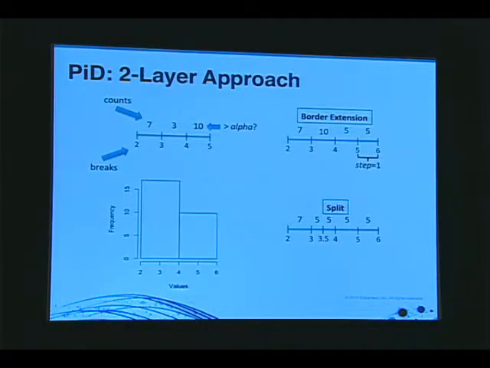So this is an approach from Gama and Pinto, computing a histogram from a data stream. And as you can see here, two parameters are required, alpha and step. And since we want to get rid of these parameters, since we do not want to have any user interaction, we need to adjust this approach a little bit.